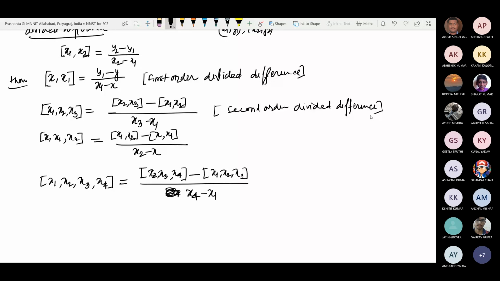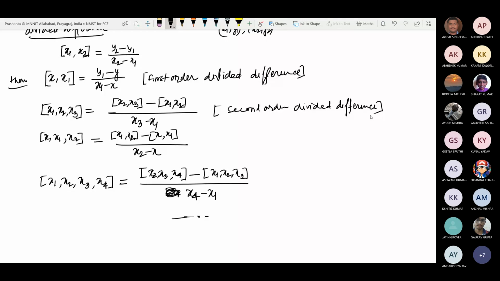You know how to calculate x2, x3, x4 using the second order divided difference, and how to derive x1, x2 using the first order divided difference. So basically this will be a real number only. Some fraction will be there, but it will be a real number after all the simplification.